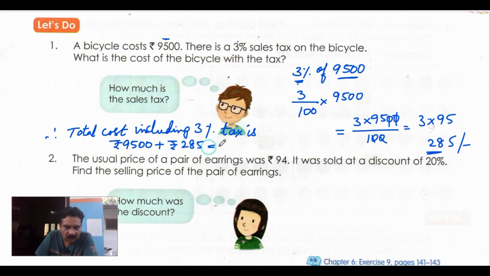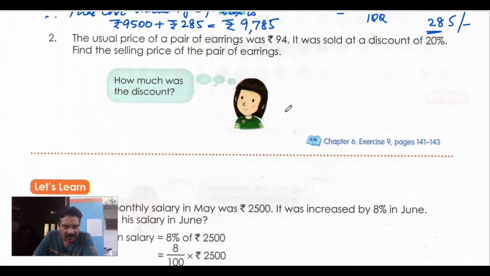So it is going to be 9,500 plus 285, right? So it is 9,785 rupees. This is the answer. It's very easy. Now let's go to the next one.